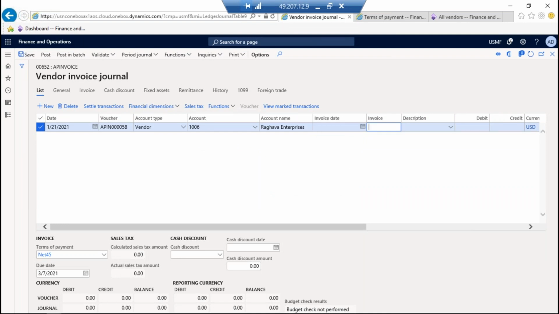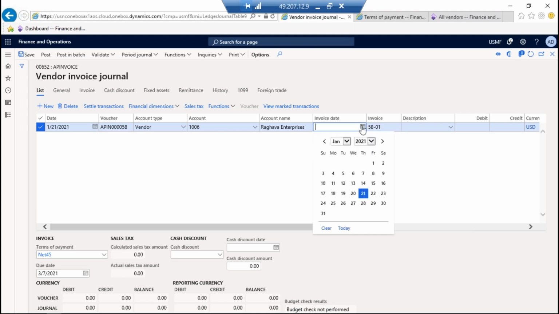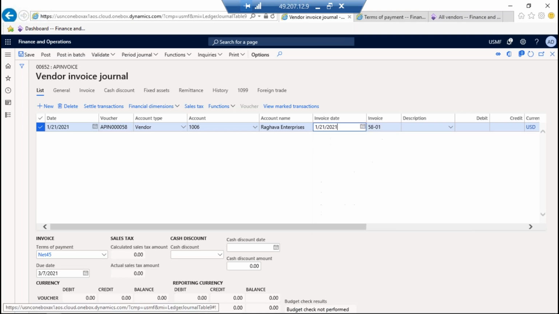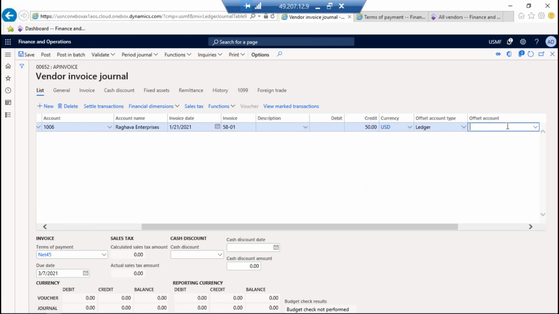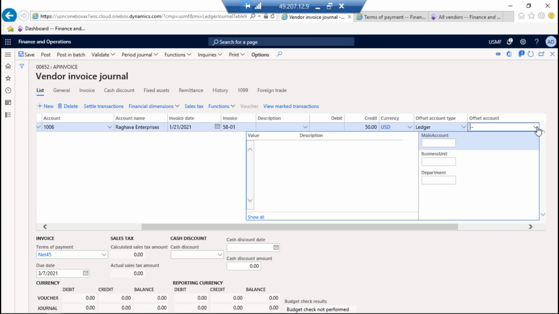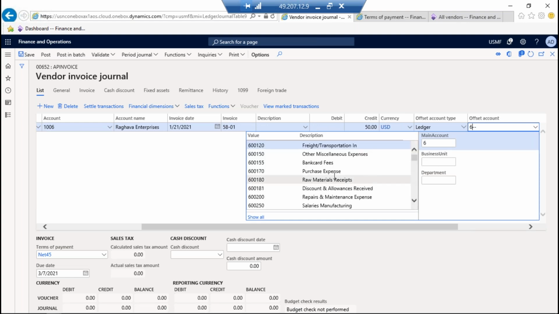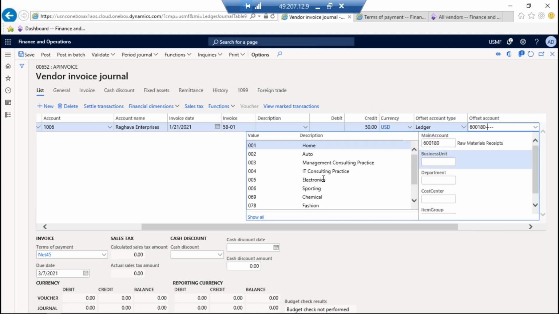Suppose I have received A4 stationery. The invoice number is some number. The invoice date is today's date. Now the amount is, suppose I need to pay $50 for some A4 stationery expenditure.